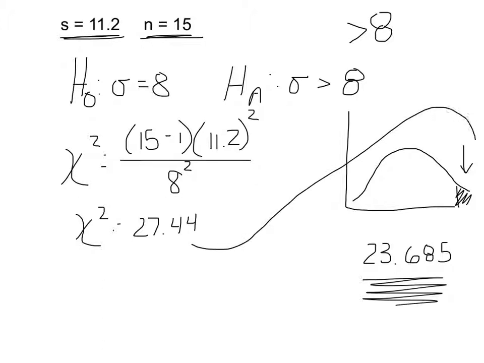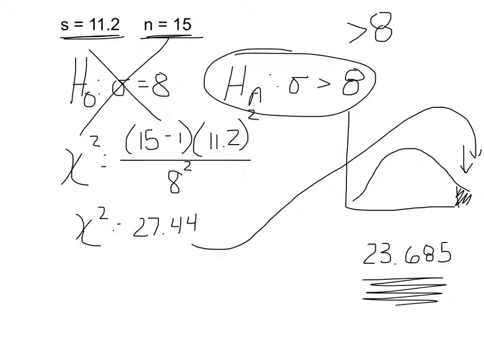That 27.4 is past my critical value. It's in my rejection region. Since it's in my rejection region, I reject the null hypothesis. So in this particular case, the data supports the administrator's belief that the standard deviation is greater than 8.